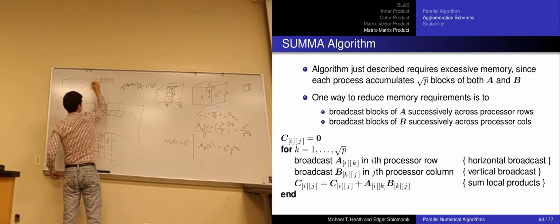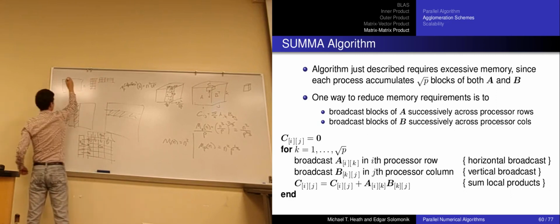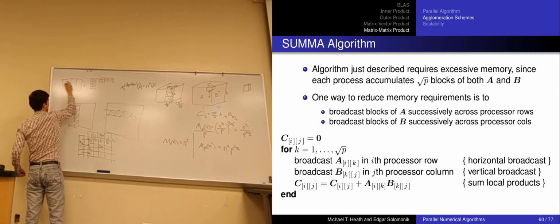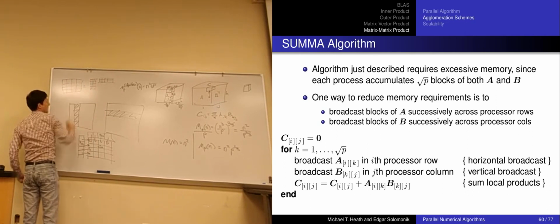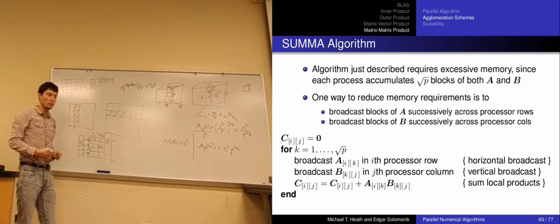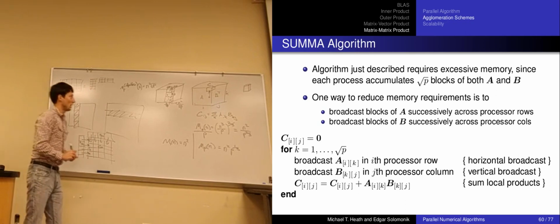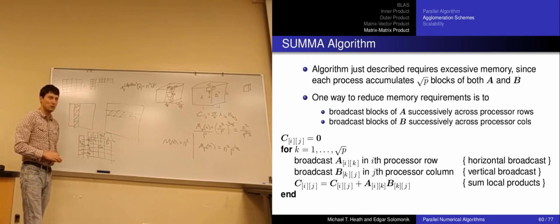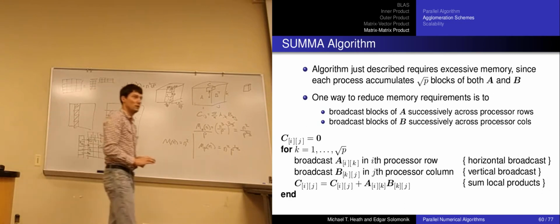And it will look something like this. So as you can see, each block here is much bigger than one of the blocks here, and they're owned by the same processor. The other variants involve stationary A and stationary B.